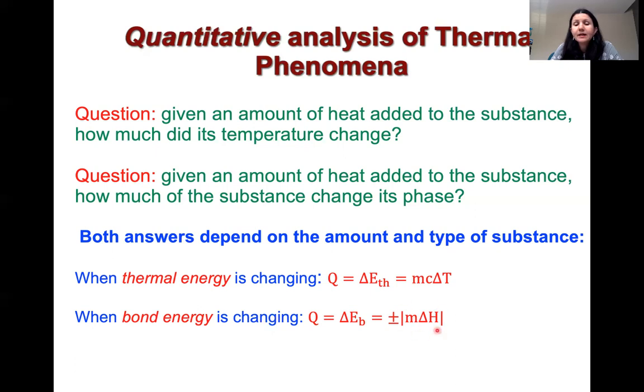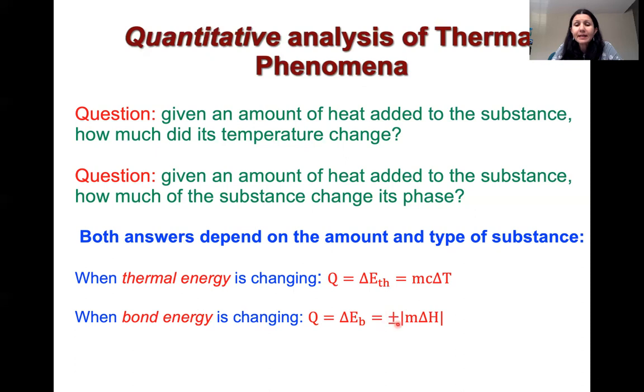And then there's this constant, which we'll go into more detail about, but it's the heat, the enthalpy. So it has to do with the changes of bond energy when you're going through a specific phase transition. There's going to be heat of vaporization and heat of melting, the two quantities, and it will also depend on the type of substance you have.